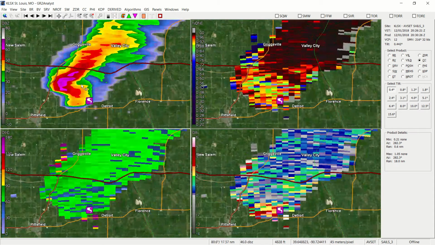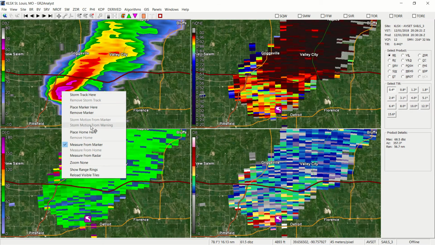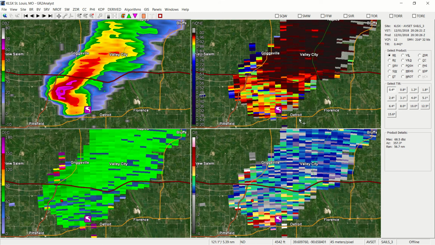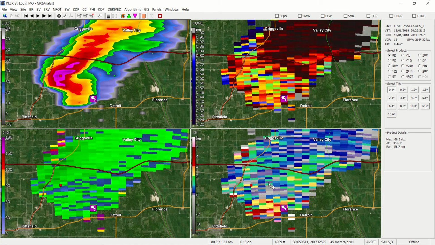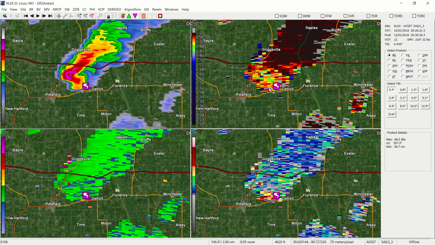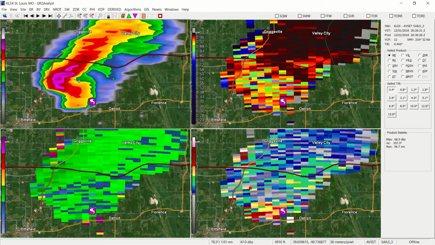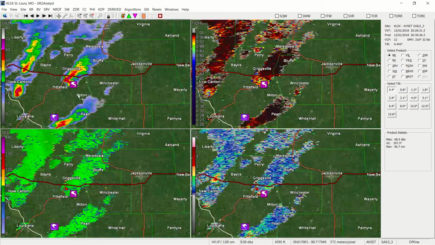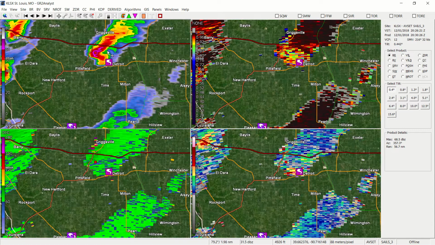And we've got a cell that's starting to drop some tornadoes and some funnel clouds. Place a marker on the hail core. Not really noticing much. It's hard to tell if there's a debris signature within this weak echo region, because we're so far away from the radar, you're up at about 5,000 feet.